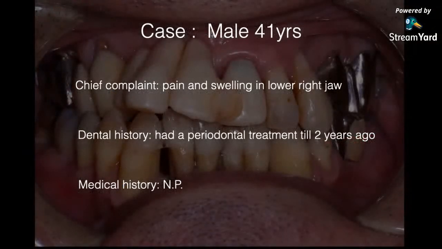Okay, so we're going to get down to the cases. The first case is a male, 41 years old, and the chief complaint was pain and swelling in the lower right jaw, and the dental history had a periodontal treatment till 2 years ago, and the medical history nothing particular.